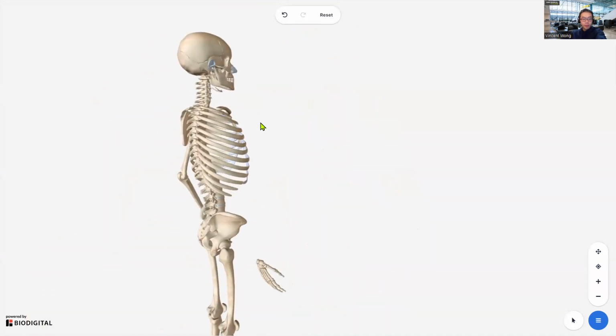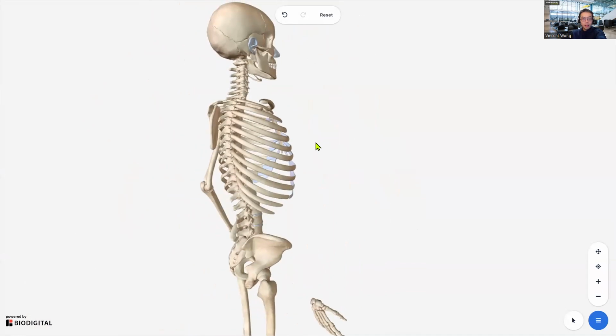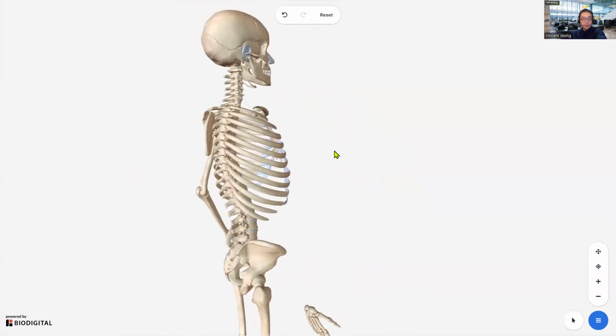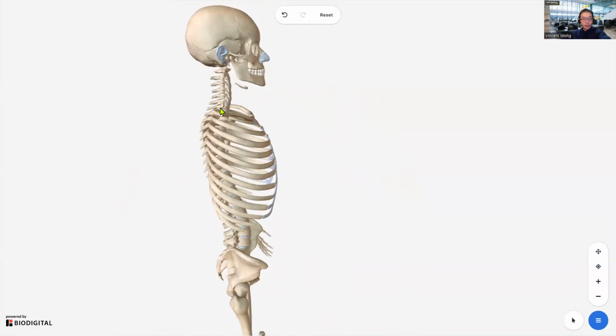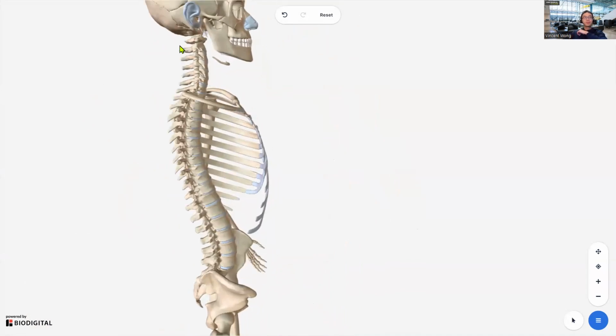This one used to be easier to use, but then they changed it, so I'm still not really fully used to it. But there you go. Okay, so that's the backbone.